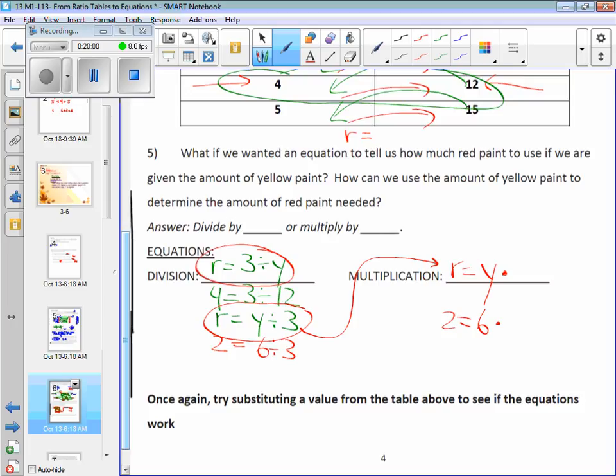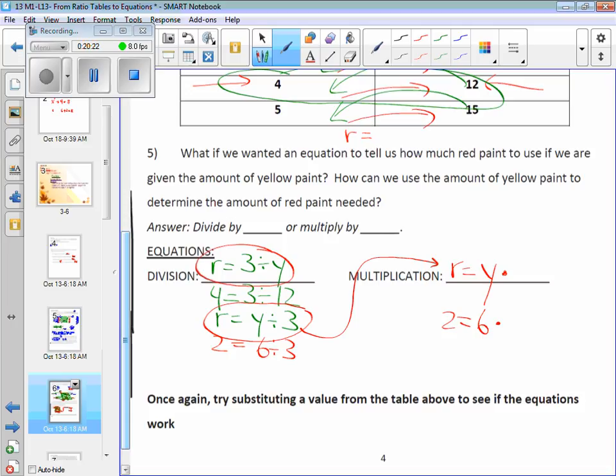I want you to think. Would it have to be 6 times? All right. 6 times. Would that value have to be a value that's greater than 1 or less than 1?